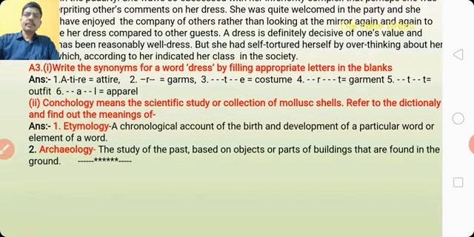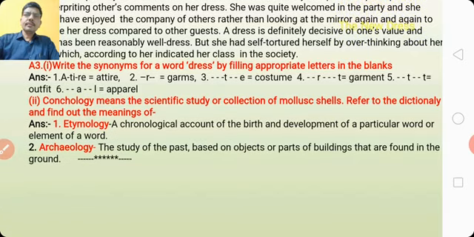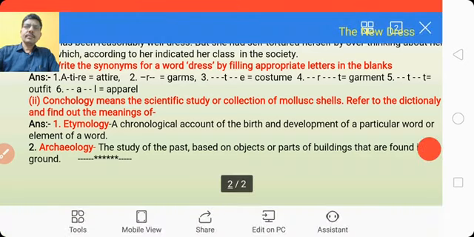Next question, friends. Conchology means the scientific study or collection of mollusc shells. Refer to the dictionary and find out the meaning of the following words. Let us see the first word, etymology. Friends, etymology means the chronicle account of the birth and development of a particular word or element of a word.